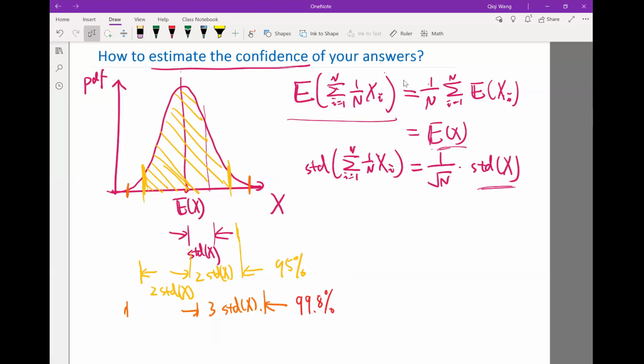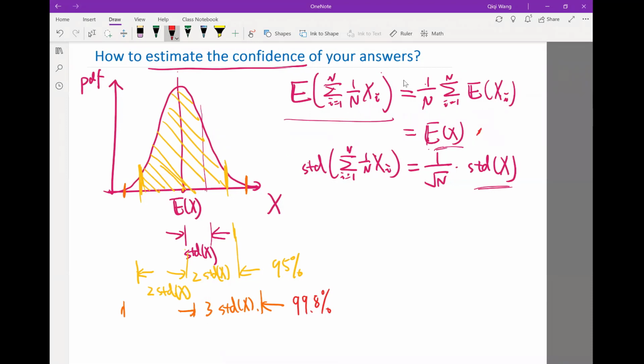Okay, any questions about how we form a confidence interval? It's essentially taking the sample mean and the sample standard deviation, and the mean plus minus twice the standard deviation, or plus minus 3 times the standard deviation. That's going to be the result.